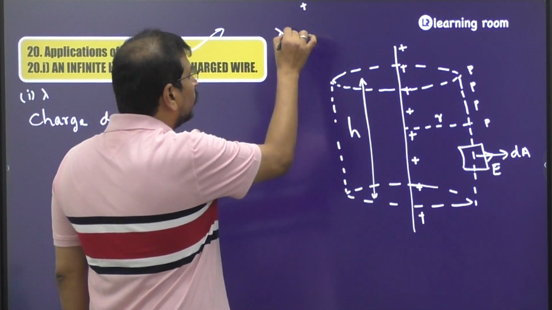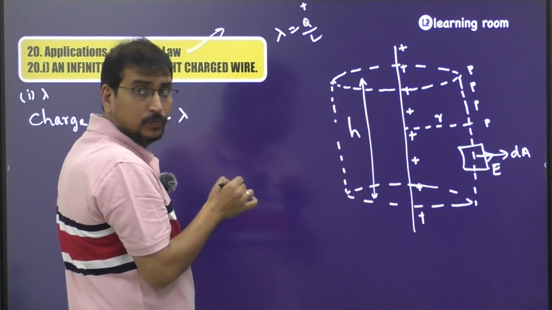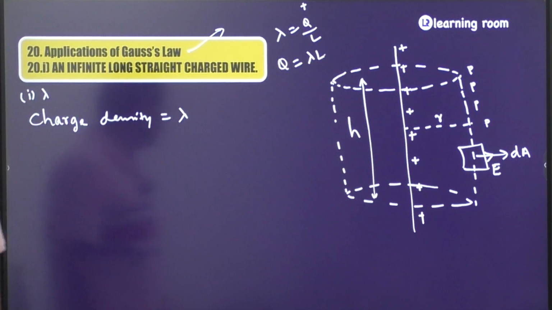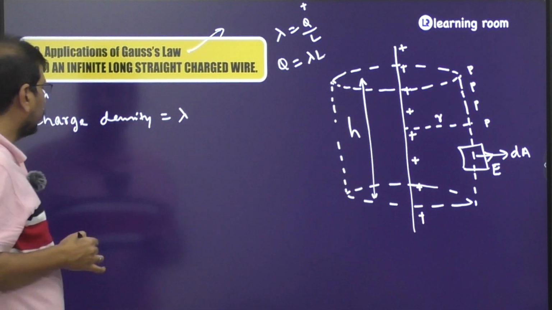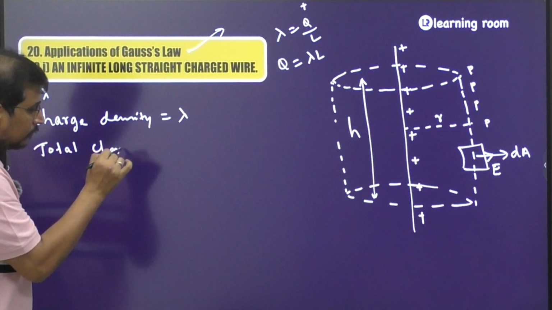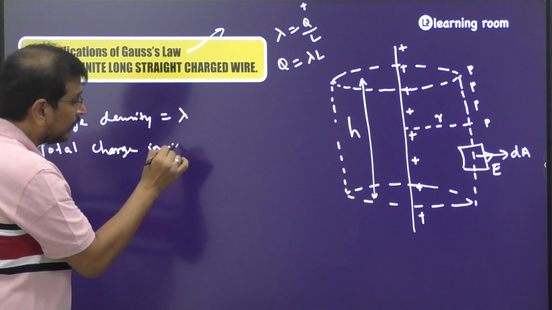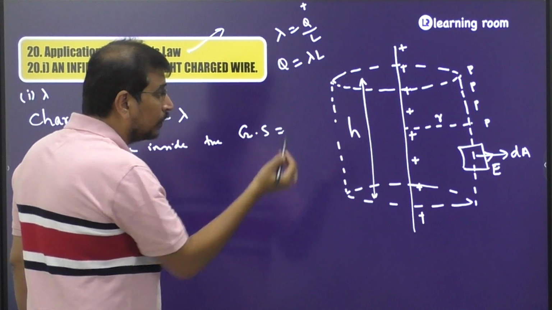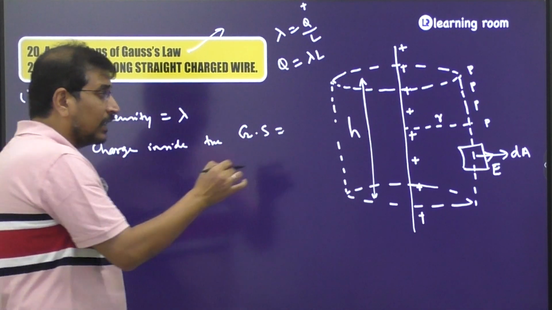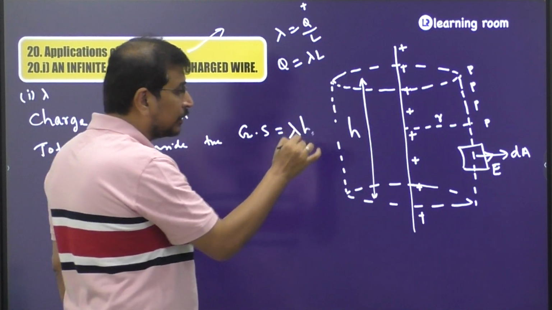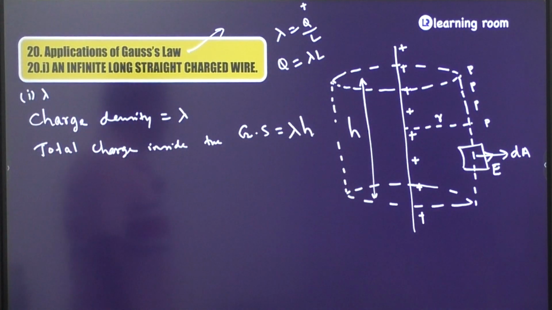See, lambda is equal to q divided by L. So q will be equal to lambda into L. So in this case, the total charge inside the Gaussian surface is the linear charge density multiplied with the length of it, which is h. Am I clear with this? What is the next step?